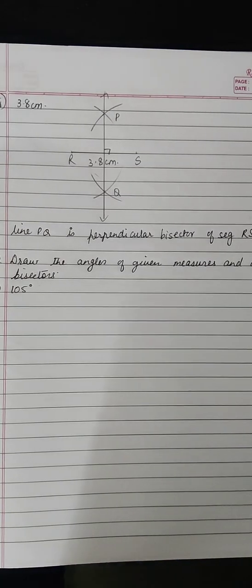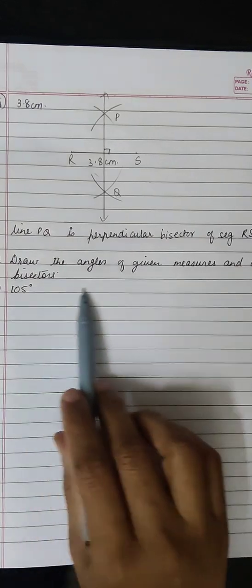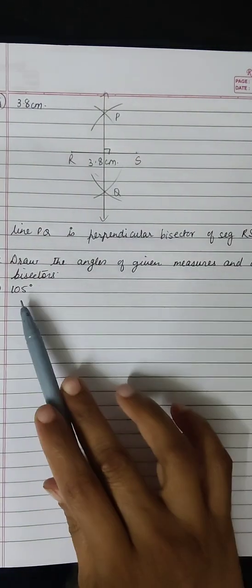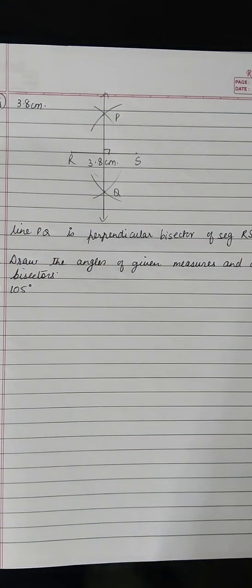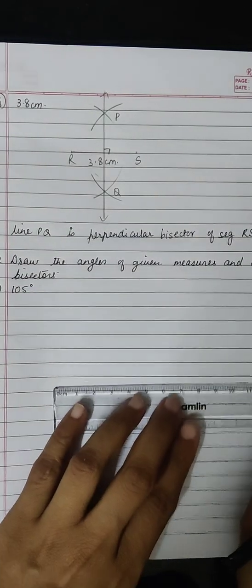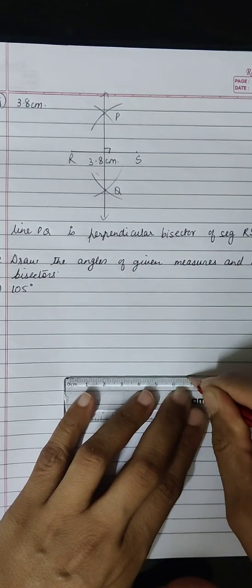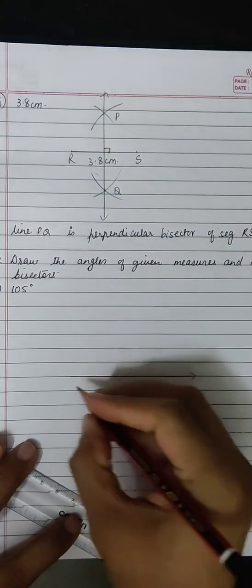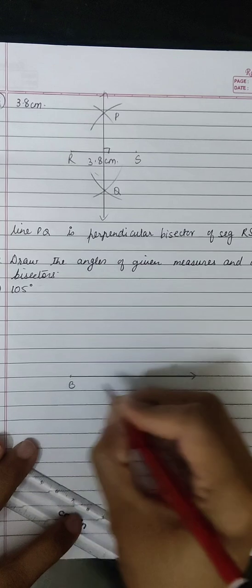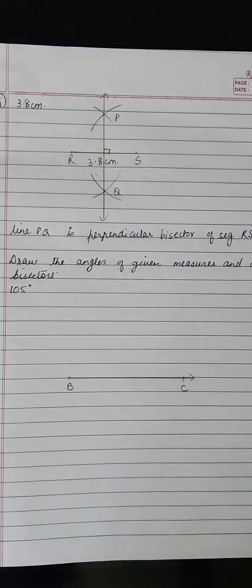Okay, now we are coming to question number 2. It says draw the angles of the given measure and draw their bisectors. So first is 105. So I'm just taking any length segment, and I'm naming it as BC.